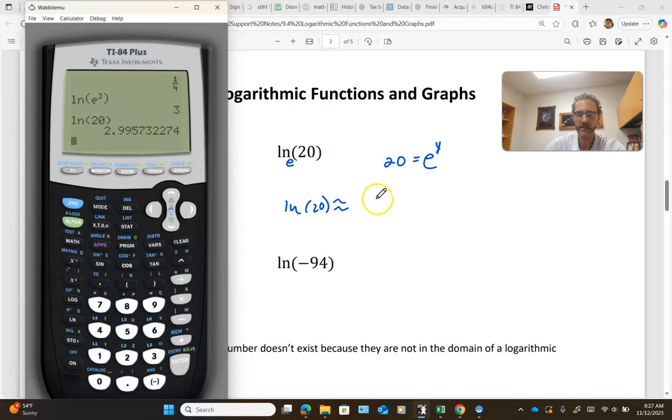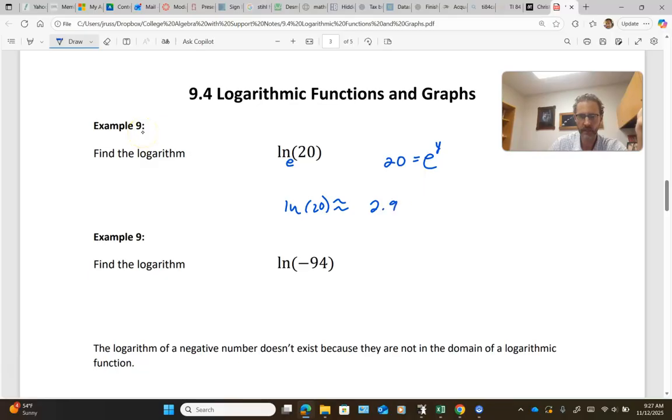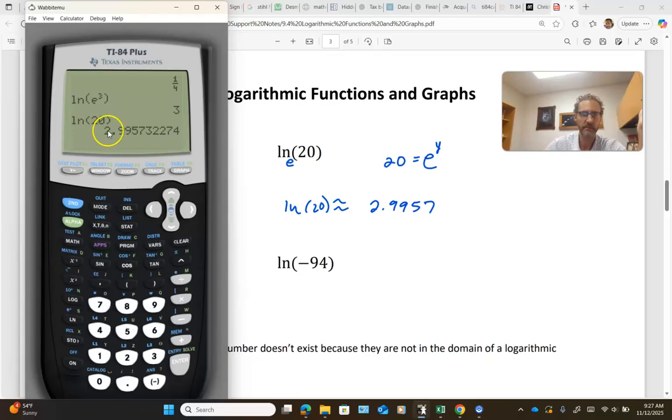So that means our answer is an irrational number. Well, I'm going to round it to maybe 4 decimal places. 2.9957. This just means that if I raise e to this power right here, I'll get something real close to 20. Let's actually check this.